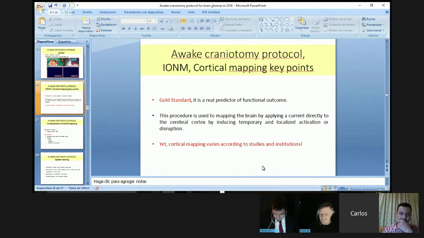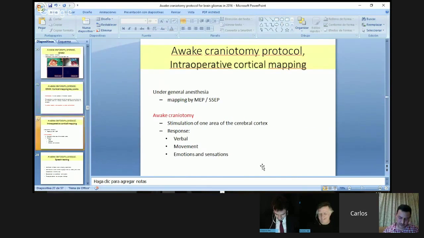Yet cortical mapping varies according to the studies and institutions, because at this time we have so many protocols for these kinds of surgery. For intraoperative cortical mapping under general anesthesia, we can use motor evoked potentials and somatosensory evoked potentials.